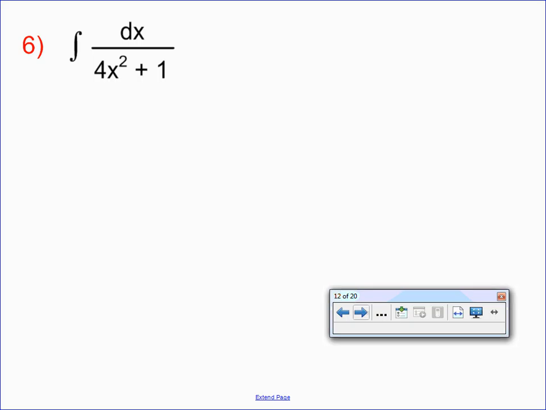So what are you guys thinking for this one? Do we have it? Sophia? Would it be the half tan inverse of 2x? Ooh, jumping all the way to the antiderivative.